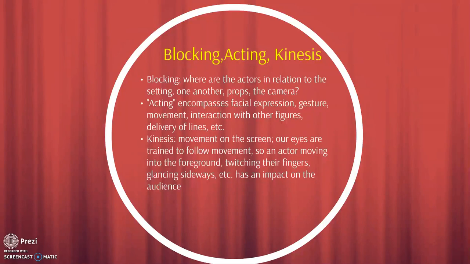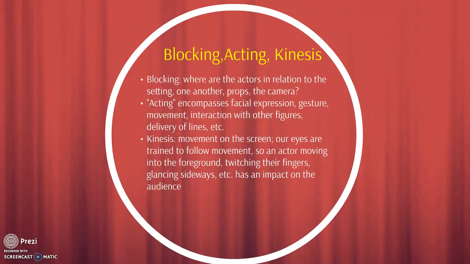Now, kinesis refers specifically to movement, right? Actors aren't the only thing that move on a screen, but actors are one important part of kinesis. Our eyes are trained to follow movement, especially the movement of humans and other living figures. It's an evolutionary trait meant for self-protection, right?